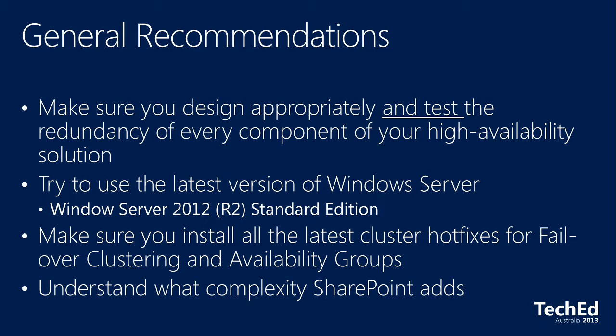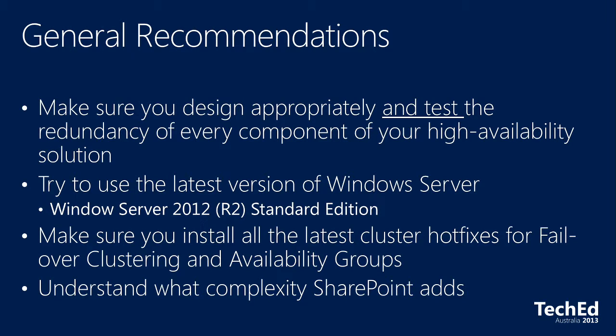Try to always use the latest version of Windows, especially for clustering, but also availability groups. So you'll find that the technology has improved a lot, okay? Things will not all shut down automatically because of certain combination of events. So you've got something called last man standing in the latest versions of Windows clustering. So as nodes go down in your cluster, it won't shut down the entire environment there. So standard edition, as I keep saying, 2012 R2 is the way to go.